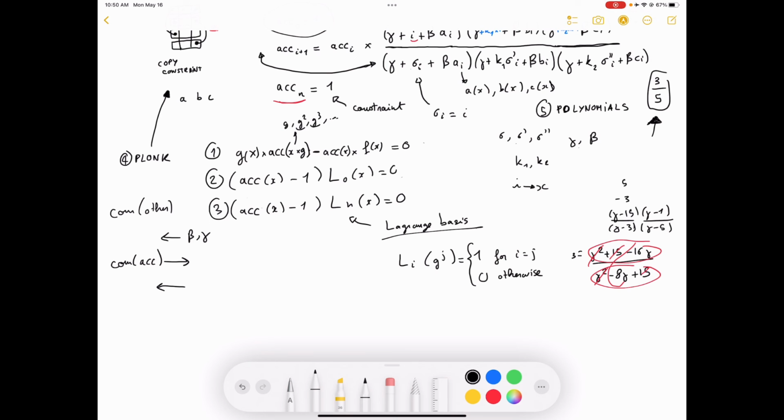Then we send the commitment to the accumulator. Then at some point they'll send us an evaluation point, x1, and then we have to send the accumulator at x1 and the accumulator at x1 times g. In Plonk they call that zeta, by the way. And then they send us this, and then we can actually check if this is true.